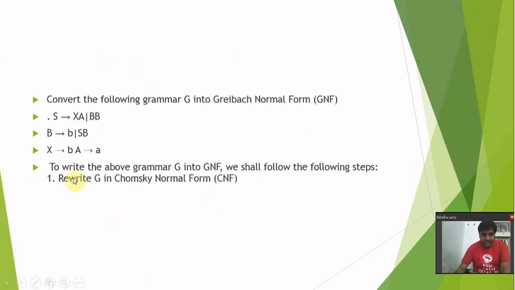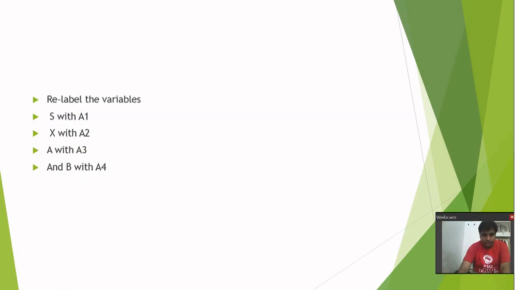We take an example of converting into GNF with this question. Now, as specified earlier in the algorithm, what we need to do is do it step by step. The first step is we have to see if it's in CNF. Here, none of the three productions are in CNF, so we continue. Now, relabeling of variables is to be done.